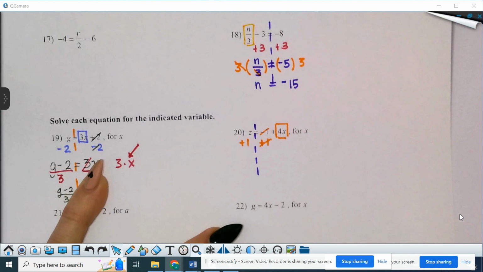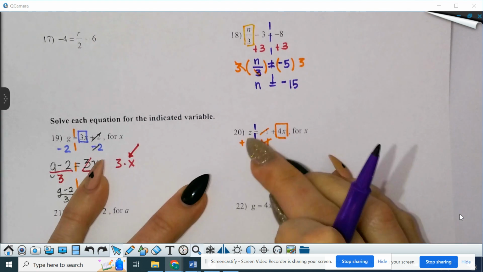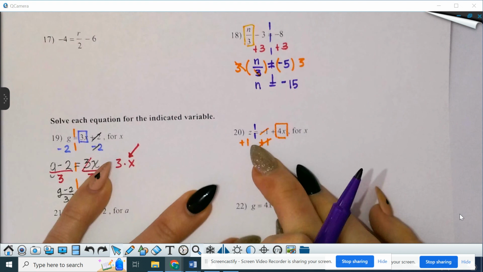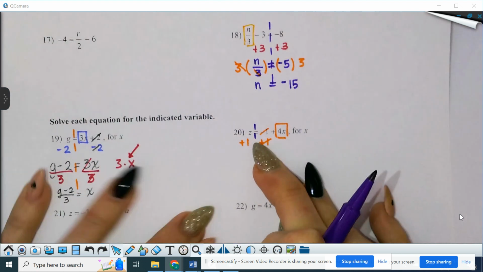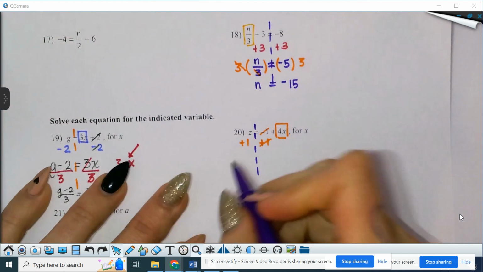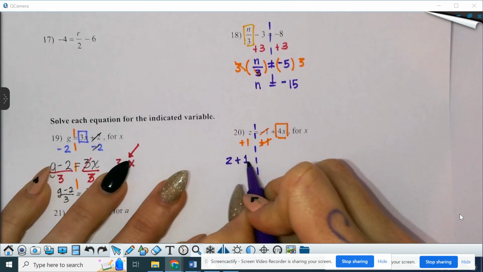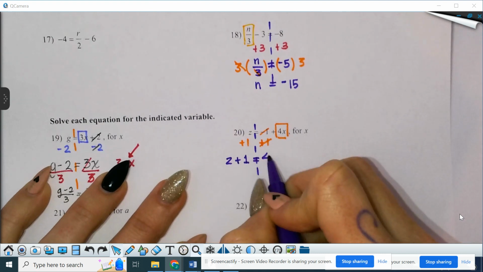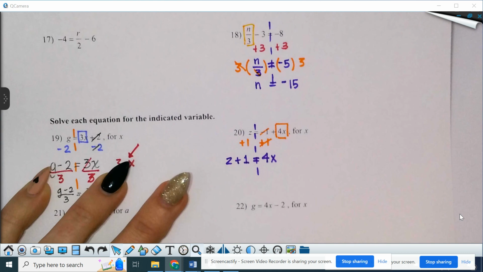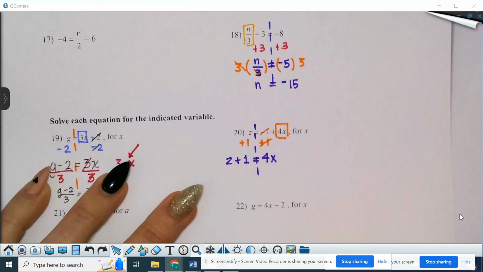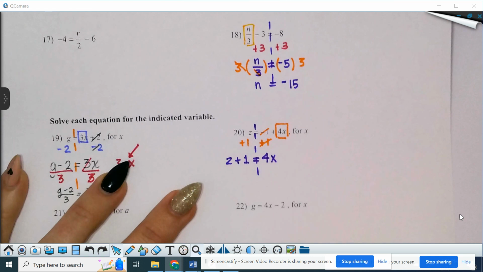So that side's good. Z and 1, can I combine those? No, good. Because I have a variable and then a constant. And now I still have 4x. So Stinky Kid's not by himself yet. Stinky Kid's attached to 4. That's multiplication. 4x is 4 times x. So to undo 4 times x, what am I going to divide by?